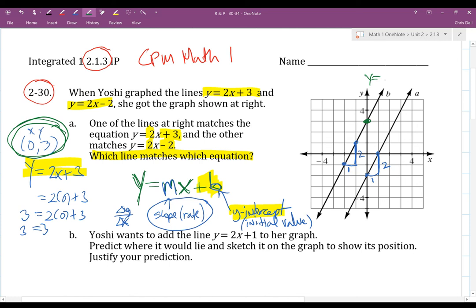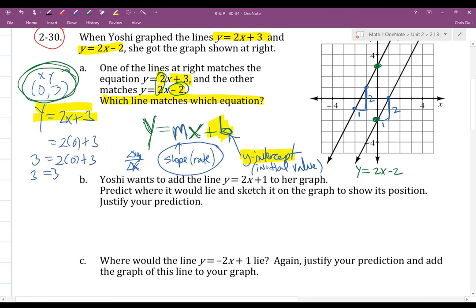This equation represents y is equal to 2x plus 3. And then therefore the other equation, this minus 2, crosses the y-axis at negative 2 down here. So that equation is y is equal to 2x minus 2. So we notice we've got parallel lines, because they have the same slope and different y-intercepts.